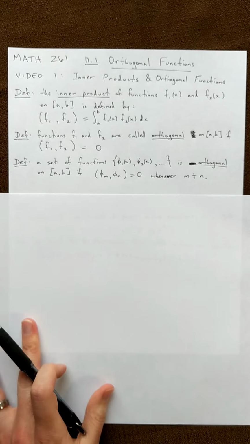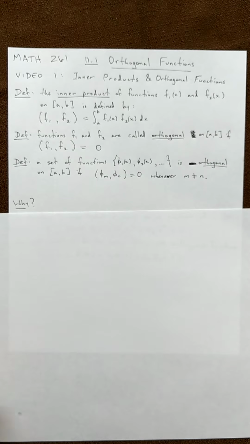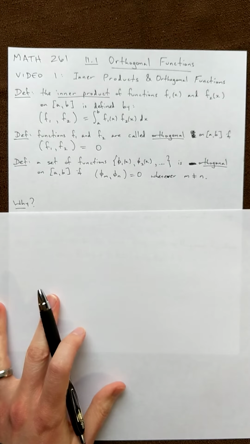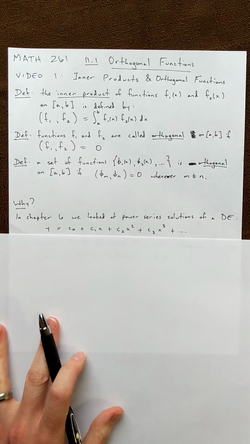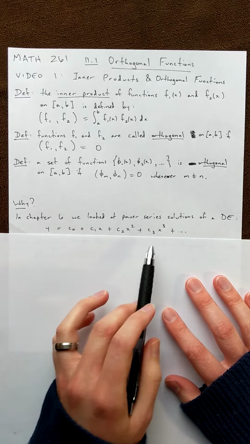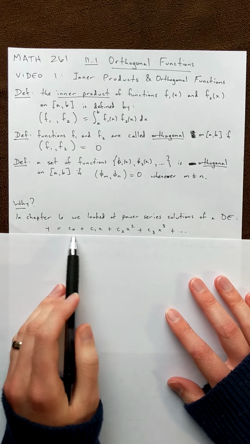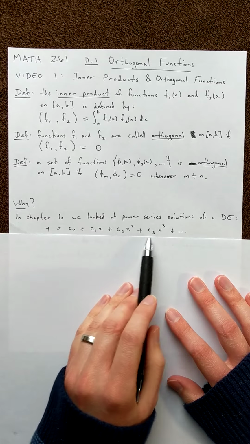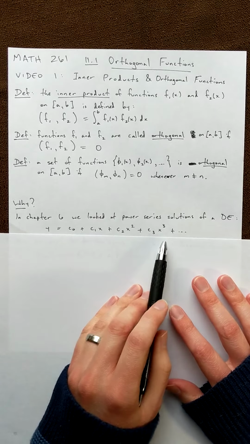Which then leads you to the obvious question, which is why? Why are we doing this? What are we trying to get out of this? What's the point? In the previous chapter, in chapter 6, we looked at power series solutions of a differential equation, which is a constant plus a constant times x to the first plus a constant times x squared plus a constant times x cubed.